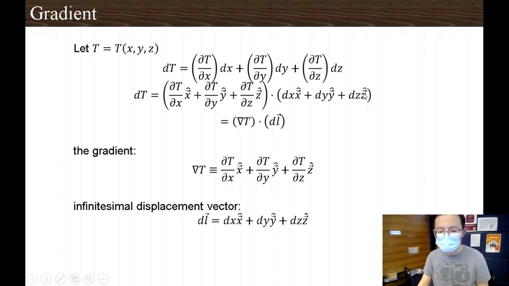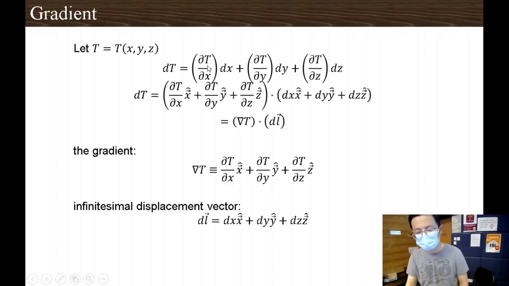Now, what we need to complete this dT is simply what's left. If you multiply these two vectors together, only the like components are multiplied, so what you will get is the expression in the first line.